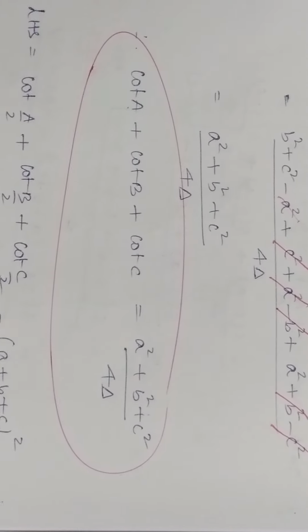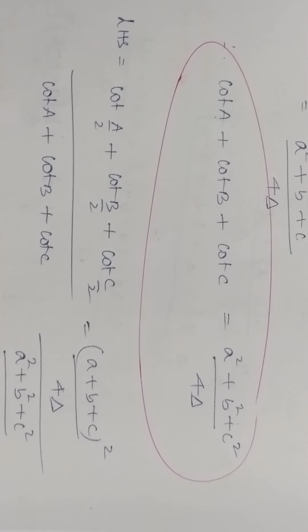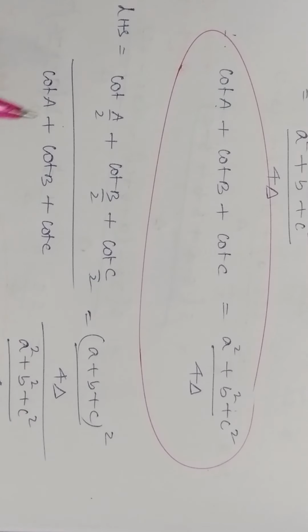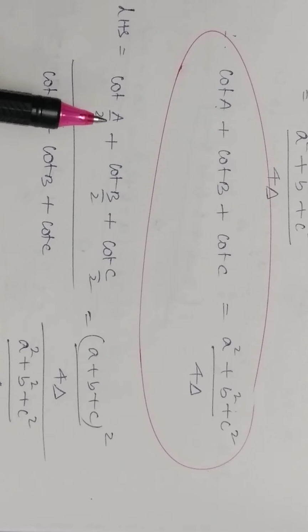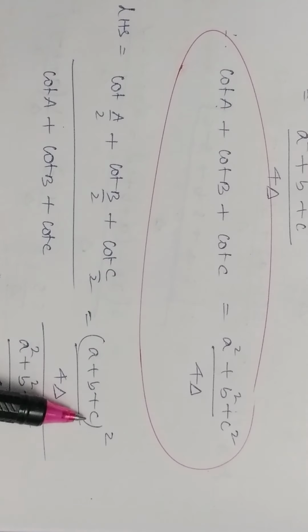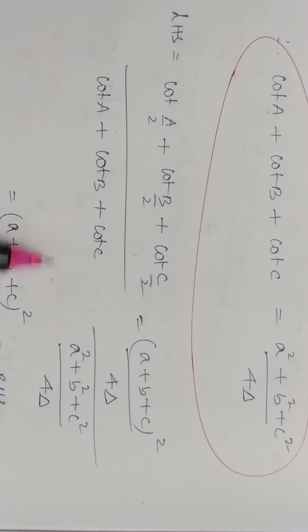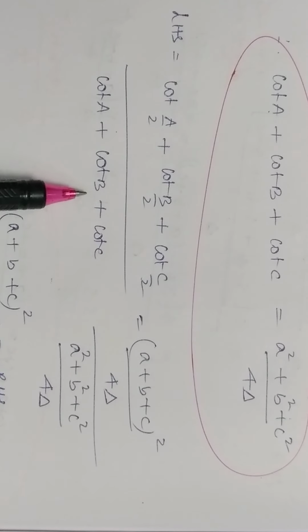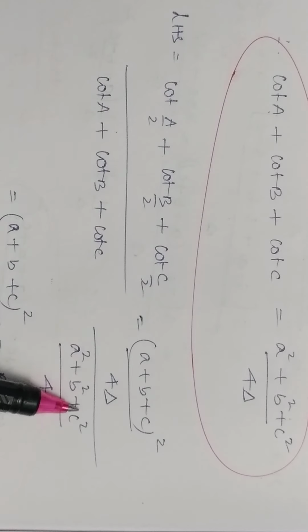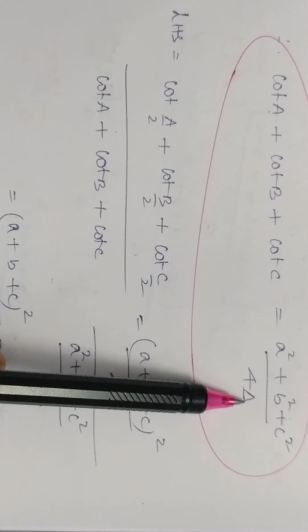As I said, numerator and denominator are two separate problems asked combinedly like this. What is the LHS? Numerator by denominator. The numerator answer is (A plus B plus C) whole square by 4 delta, by the denominator answer, A square plus B square plus C square by 4 delta, what I got in the line just above.